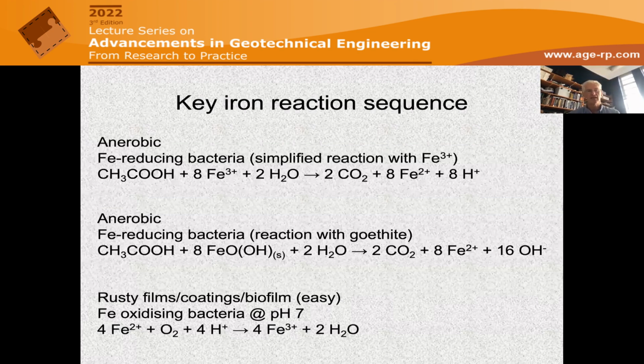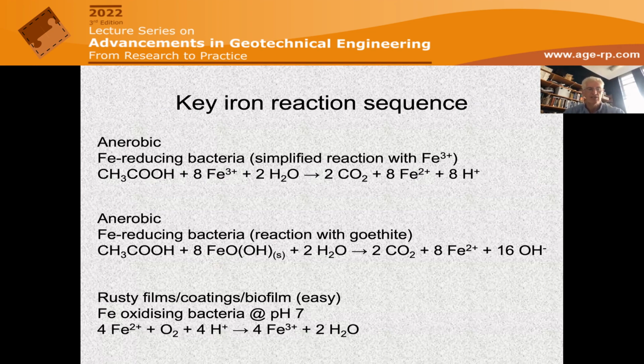So the key iron reaction sequence here, one is anaerobic. We've got iron reducing bacteria. In the simplified reaction with iron here, we've got an electron donor. There's a whole range of bacteria that will be involved in anaerobic respiration.